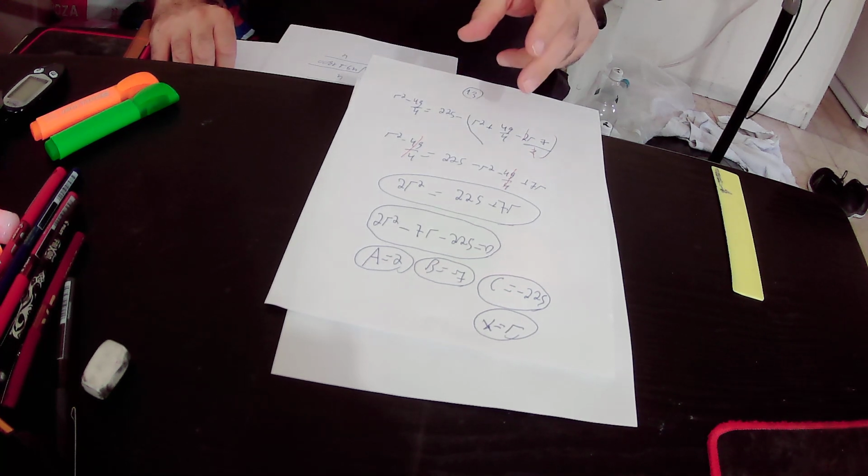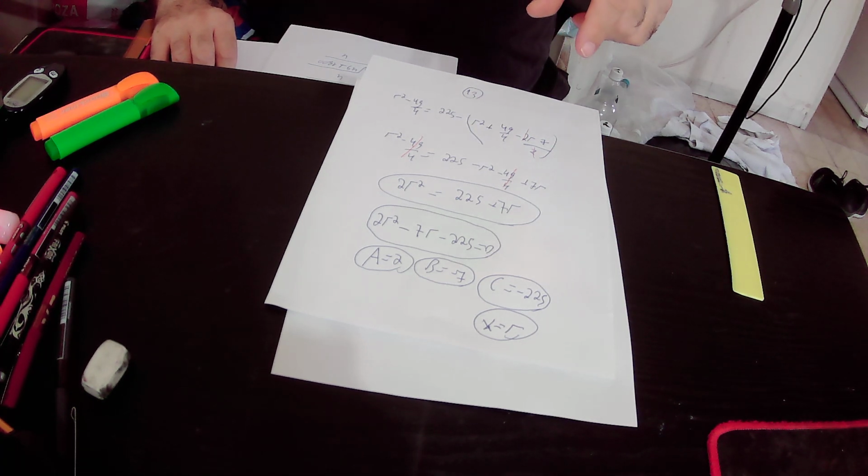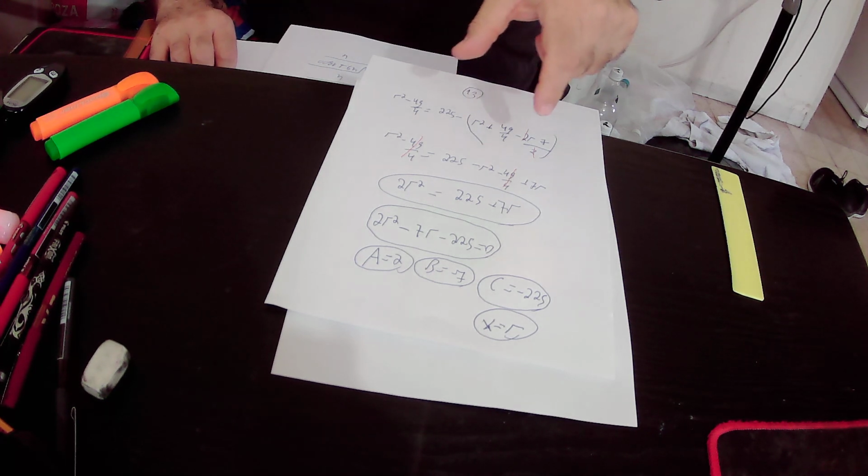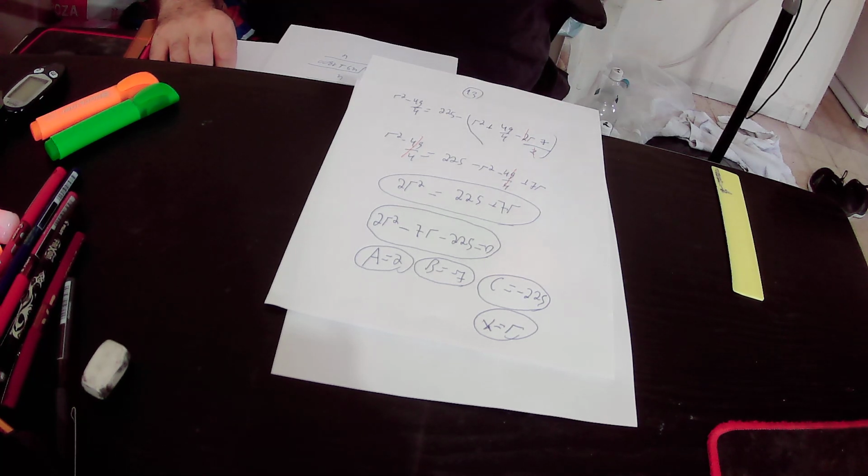In this quadratic equation, the coefficients are a equals 2, b equals minus 7, c equals minus 225, and the variable of this quadratic equation is R. That is the radius of the semicircle.